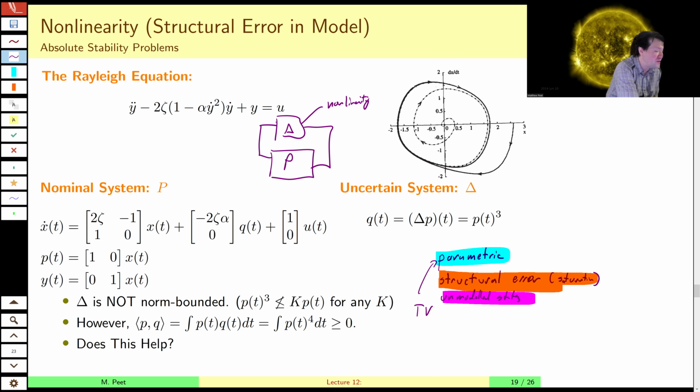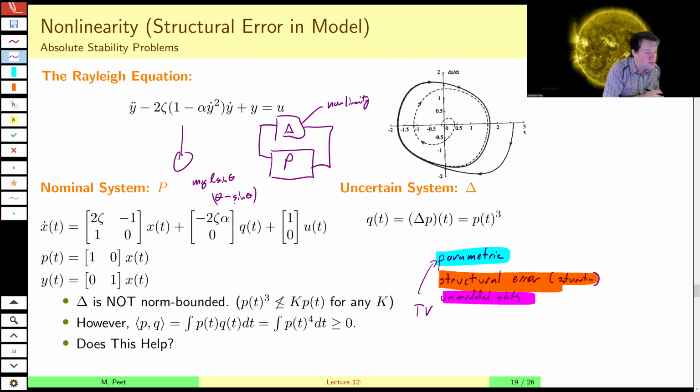If you remember our pendulum, that was mgl sine theta, and we linearized it, and then the nonlinear part was theta minus sine theta or something like that.